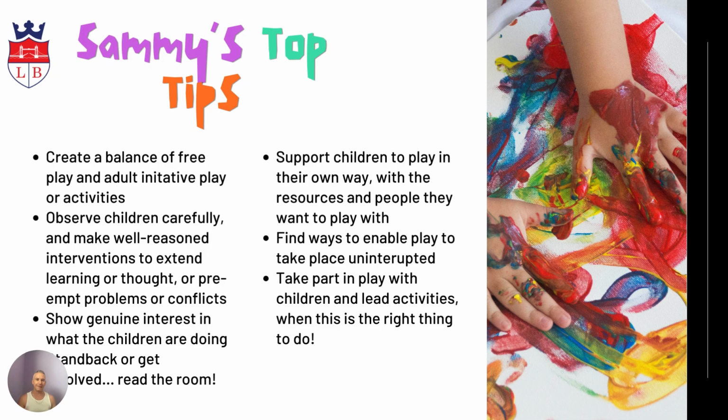Observe what's happening and use those observations to make well-reasoned interventions to support learning, or think about thoughtful ways of intervening in their play to extend, to develop, to help them with conflicts or problem solving. So you stand back, you watch, you understand, you formatively assess what's going on, and you make interventions as an adult to children's play only when it benefits the children and the play.